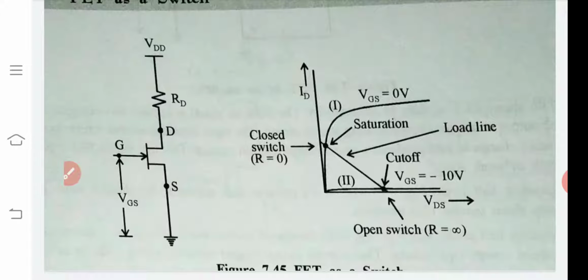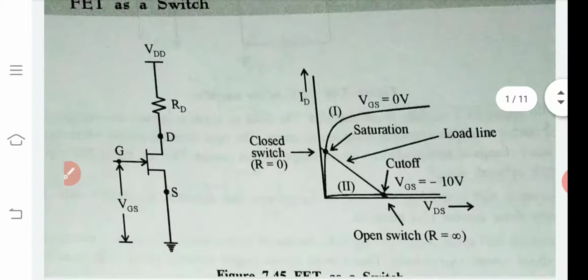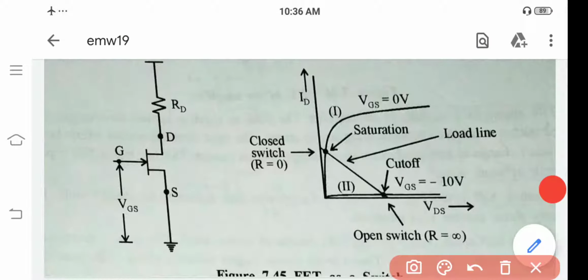Here the characteristics show when the FET and MOSFET work as a switch. In the figure, draw this line here. It's called the cutoff region.